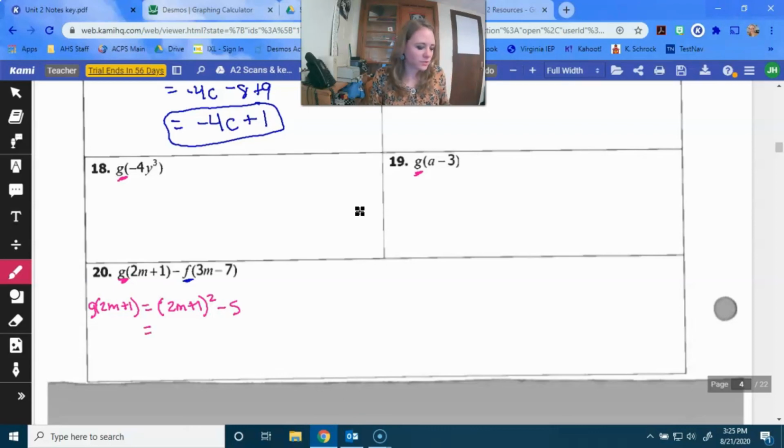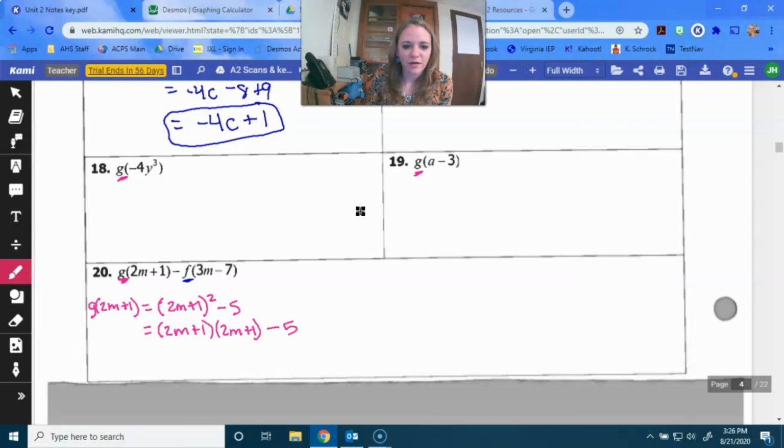So what's going to happen here is you're going to have to write this out twice. Because if this was just x squared, it's the same thing as x times x. So I have to do this times itself. So this is 2m plus 1 times 2m plus 1. You cannot distribute this. This is not allowed. That's illegal. Don't do that.